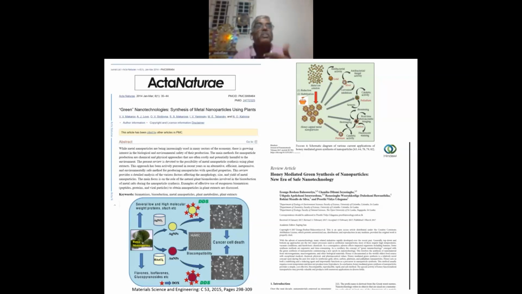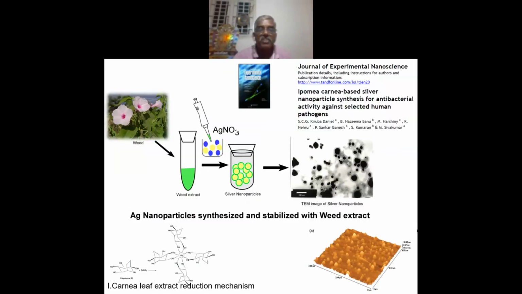Sometimes they use honey mediated green synthesis of nanoparticles for safe nanotechnology. And we have some reports. This is one of the plants, a weed actually. It is called Neyveli Katamanaka, the common name in our place. Using only this weed extract, you can prepare the nanoparticle at room temperature.